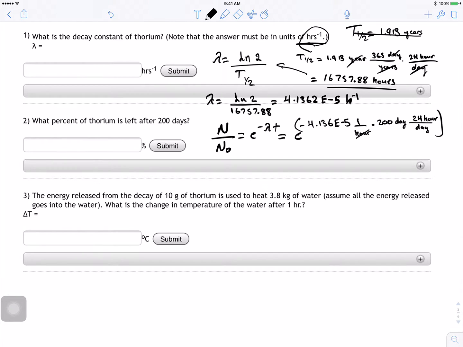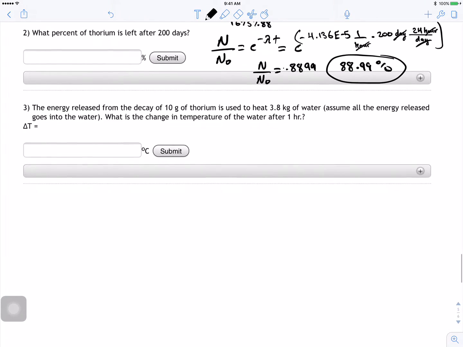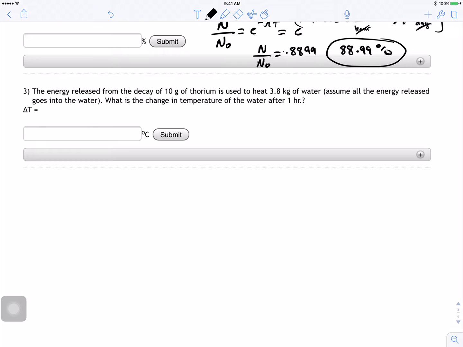The hour cancels, the day cancels, so N divided by N naught is equal to 0.8899, and the percentage is 88.99. Cool. This question took me a while to get, but I'll try my best to explain it.